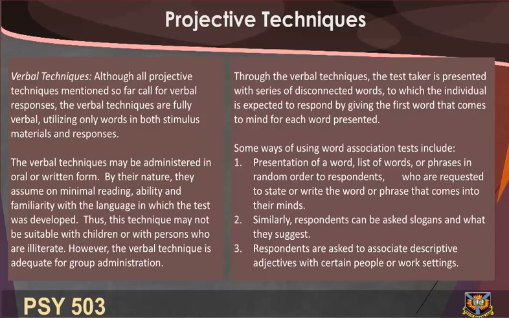Presentation of a word, list of words or phrases in random order to respondents, who are requested to state or write the word or phrase that comes into their minds. 2. Similarly, respondents can be asked about slogans and what they suggest. 3. Respondents are asked to associate descriptive adjectives with certain people or work settings.